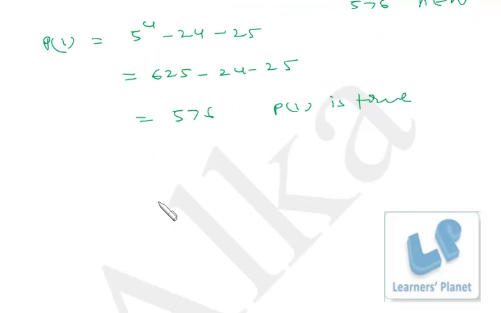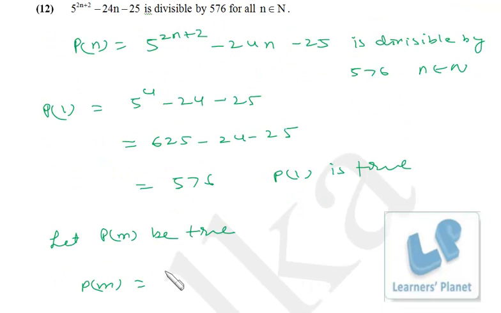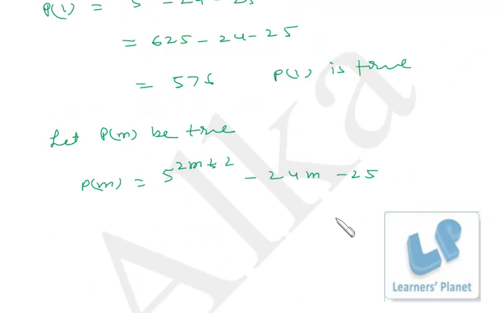Okay. Now next, let P(m) be true. So P(m) is equal to 5 raised to 2m plus 2 minus 24m minus 25, right? So this is P(m), it is true. That means this expression is divisible by 576.